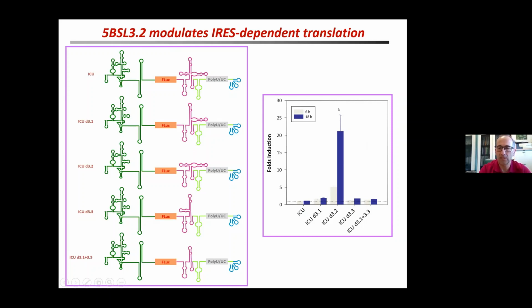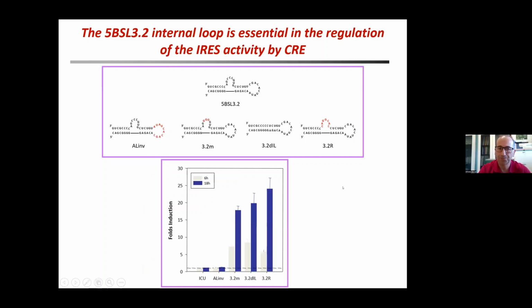And as you can see in this figure, just the deletion of the 5VSL 3.2 unit results in an enhancement of translation. So it means that this structural element is involved in the negative regulation of translation.